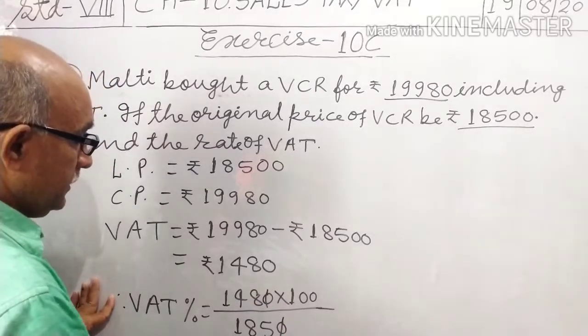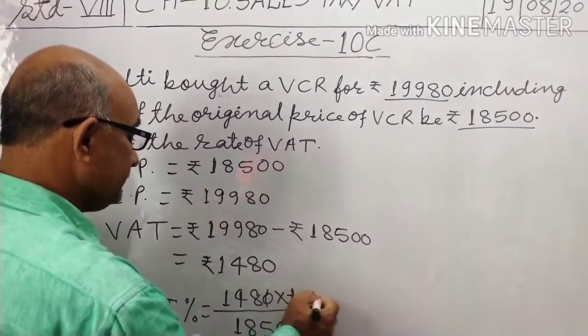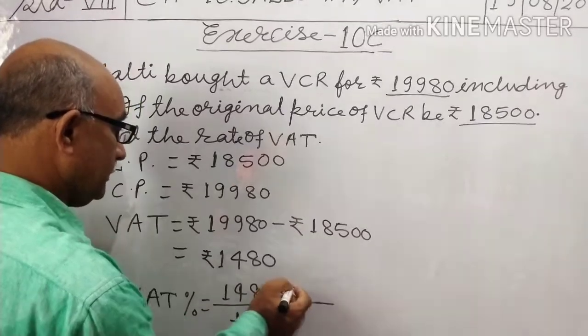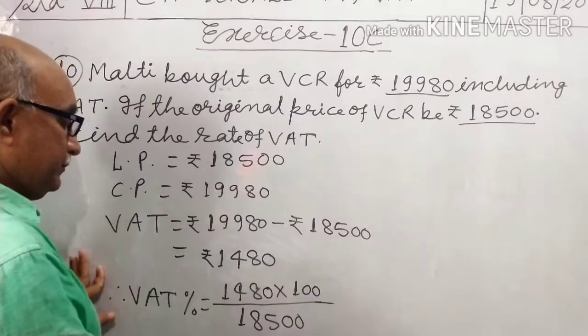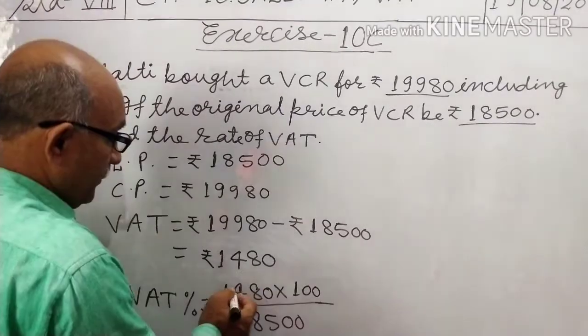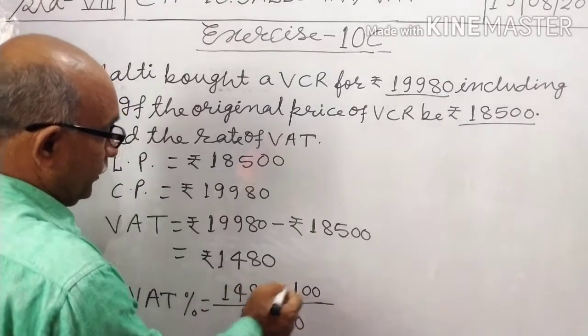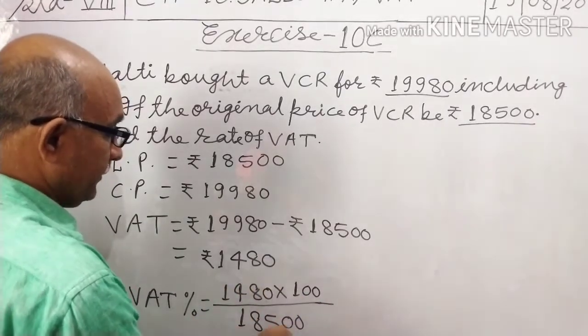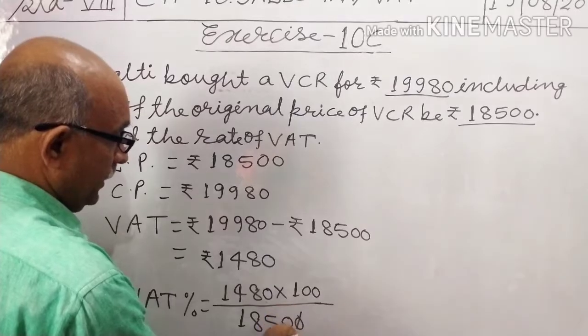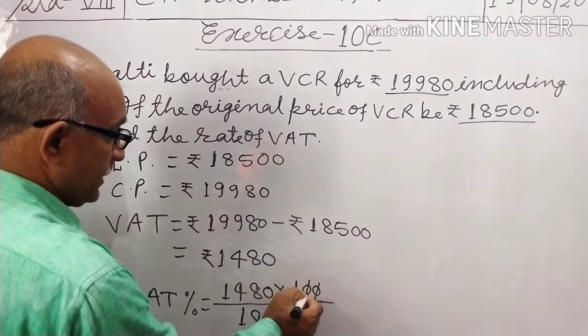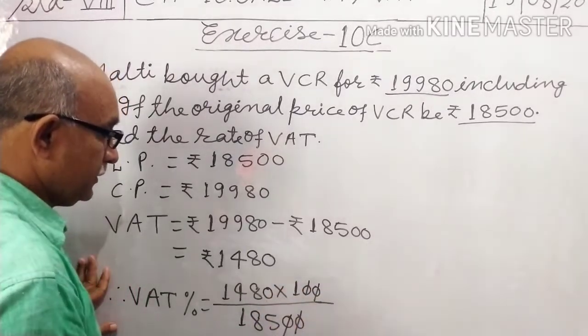Now 1,480 into 100 by 18,500. Cancel the 0 to 0, second 0 to second 0.